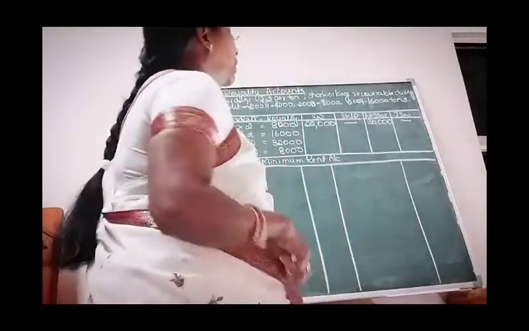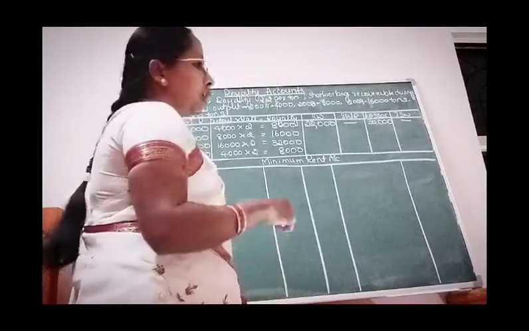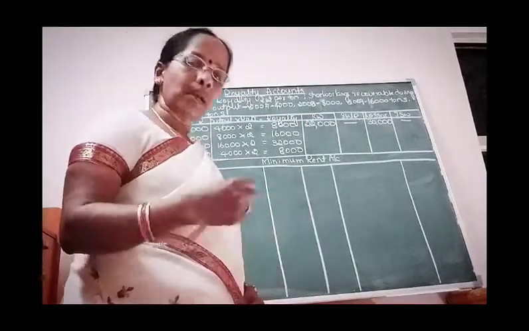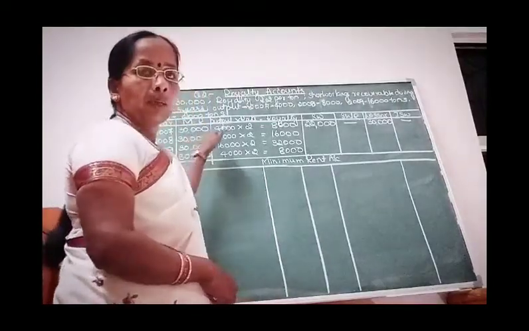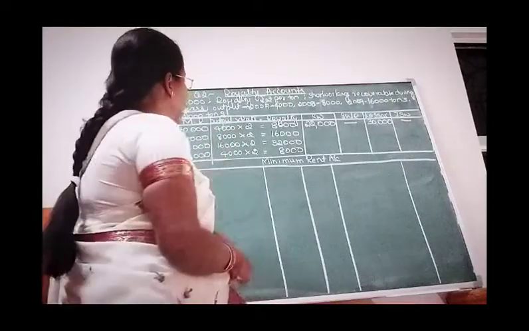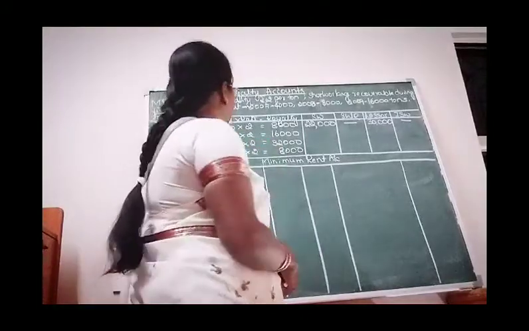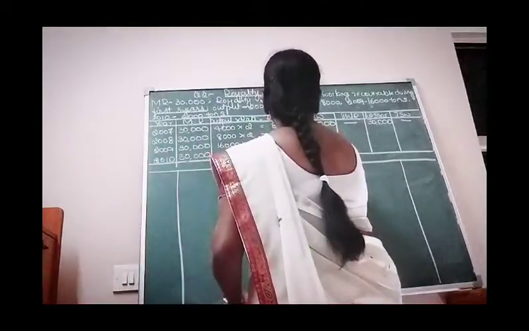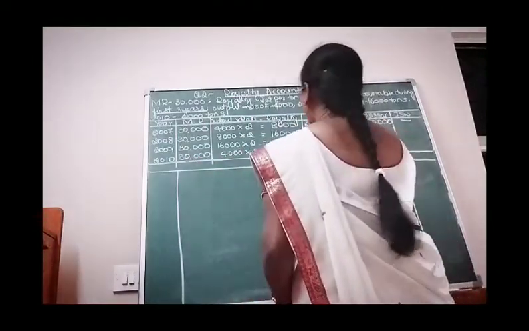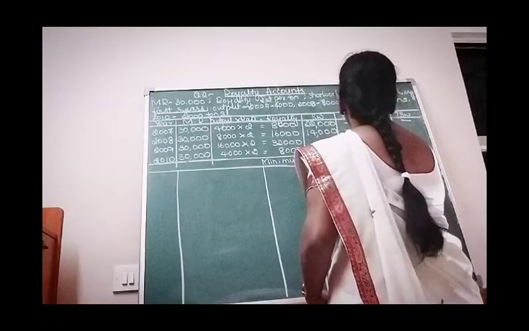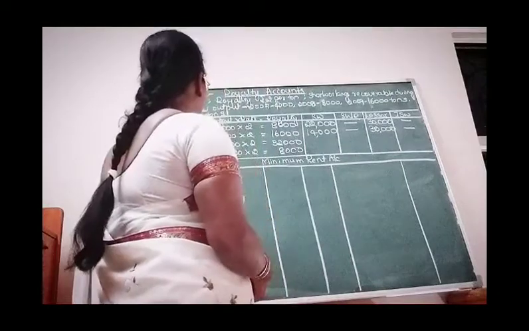I think I clarified this many times, even in the last session. Whatever is more, if royalty is more, the payment is royalty only. If minimum rent is more, the payment will be minimum rent only. Fine. So in the second year, 30,000 is minimum rent and royalty is 16,000, which results in 14,000 short working. No recovery is possible, but we have to make a compulsory payment of 30,000 as minimum rent. Right? That is the second year.